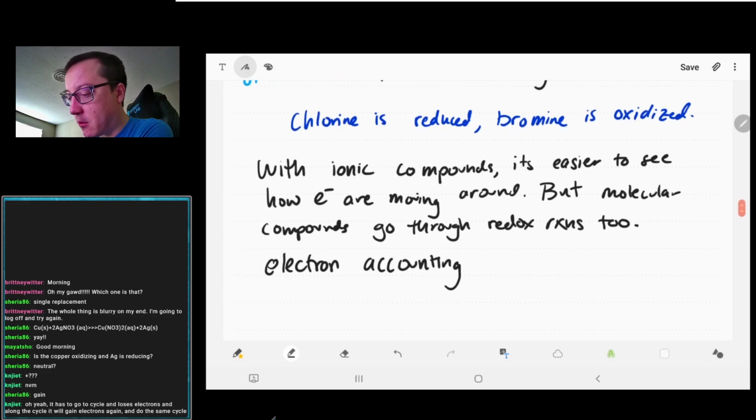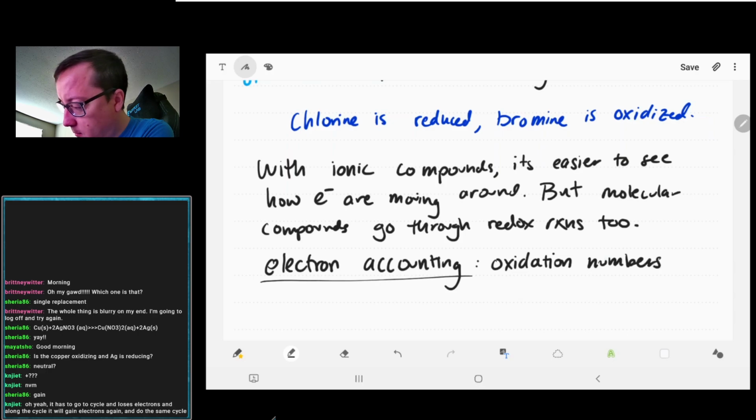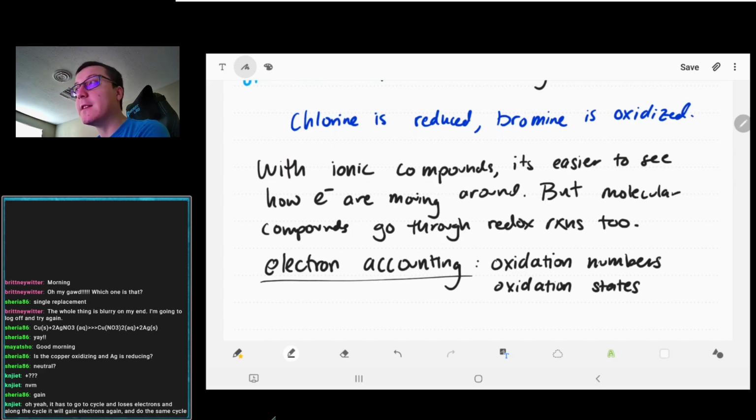That is going to be our next step, where we're going to learn what are called oxidation numbers. You might also see it written as oxidation states.